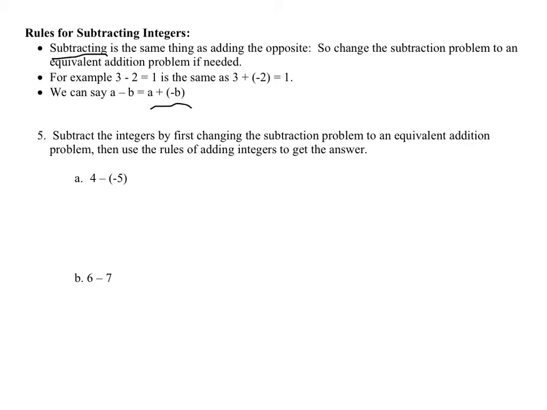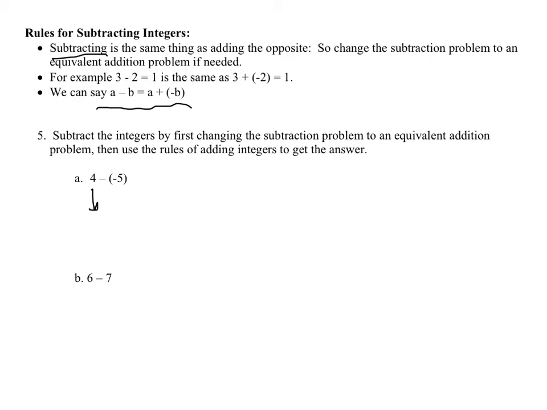And then we can say this mathematically. So for the next one, we're going to subtract the integers by first changing the subtraction to an addition problem and then answering it. So here's the deal.